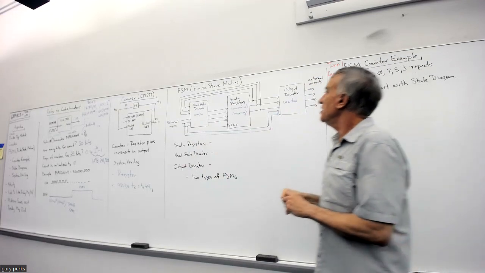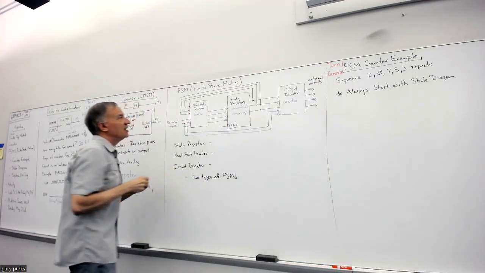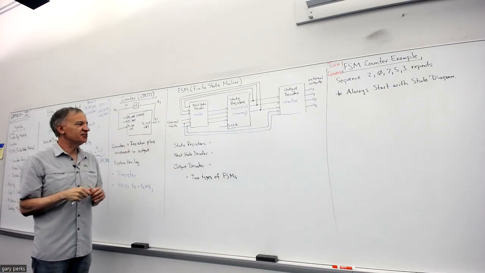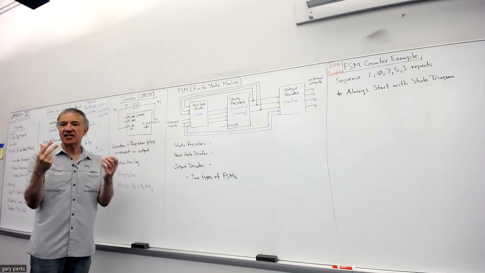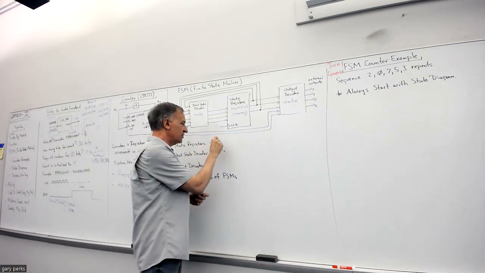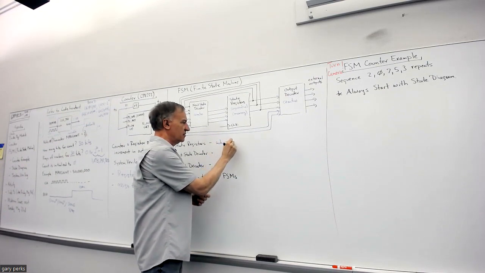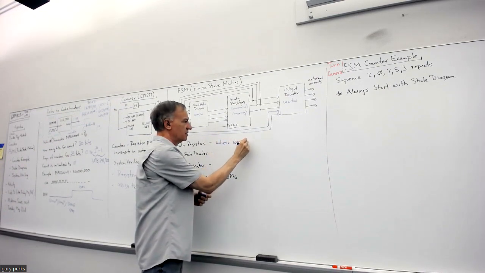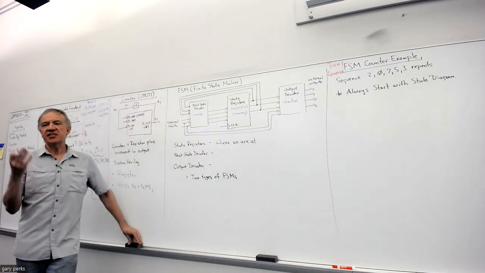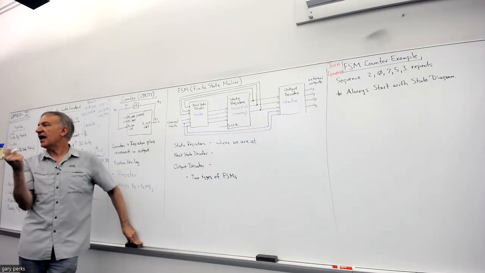Okay, so the reason a finite state machine has both types of logic circuitry is, first of all, the state registers have memory, they hold on to the information of where we're at.